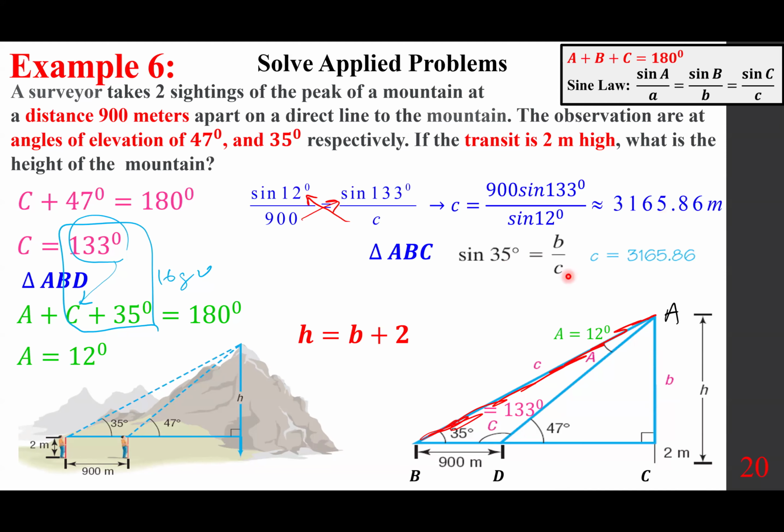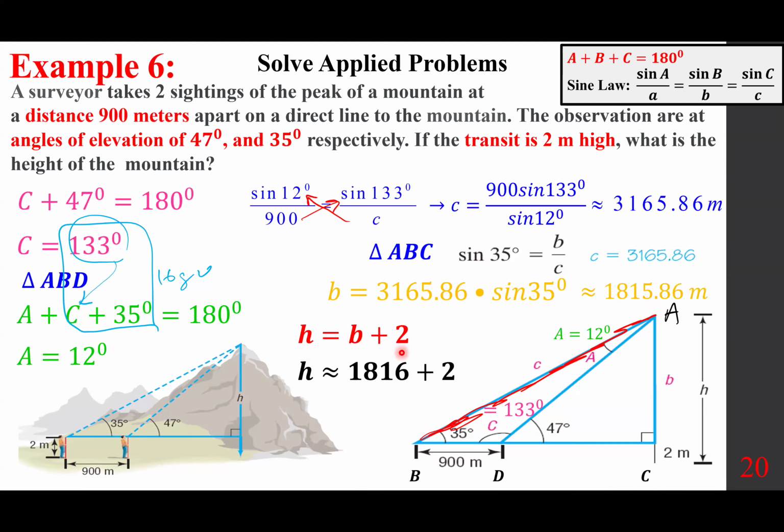So b is the product of these two, c, which is this number, times sine of 35 degrees. And we end up with 1,815.86 meters. So if we have b, we have the height. All we have to do is add 2.